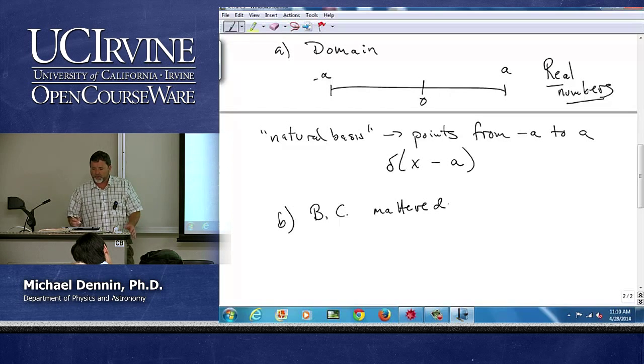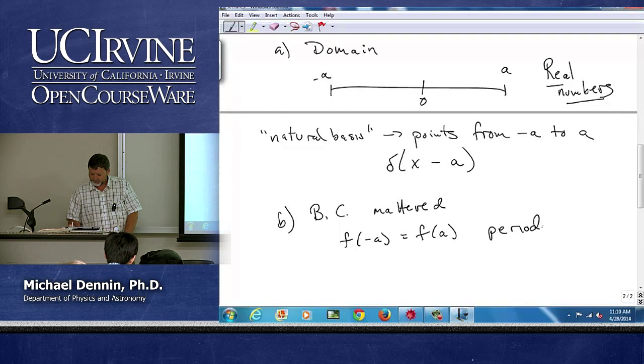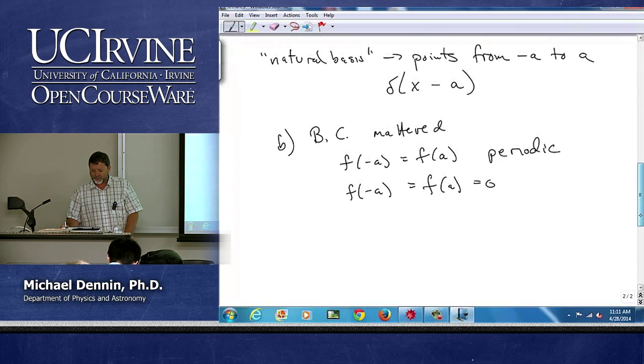And there's a couple that work pretty well. There was what we called periodic. There was also if they just equaled 0. And those are the two most common for finite ones.